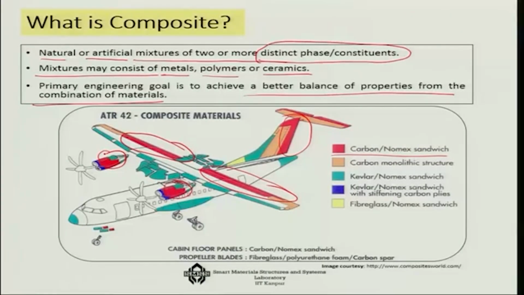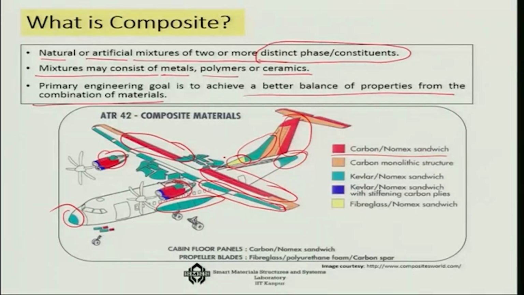Then the Kevlar nomex sandwich, the green part, is used in the fuselage, in the tip of the wings, and the front part of the radar and the back side. Similarly, the fiberglass nomex sandwich, the yellow part, is also used in some sections.